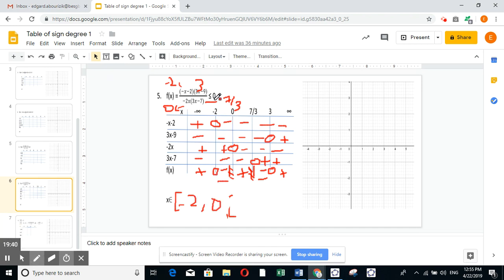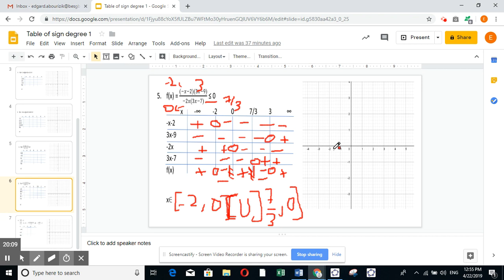I close it at minus 2 because I have equal to 0. Then at 0, sorry, as I said, it's open, because it's a vertical asymptote and you cannot divide by 0. Then union, I have here also impossible at 7/3, open, always at a vertical asymptote I open, then till 3, and the 3 is closed here, as you can see, because I can close it.